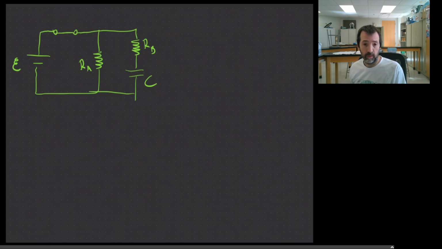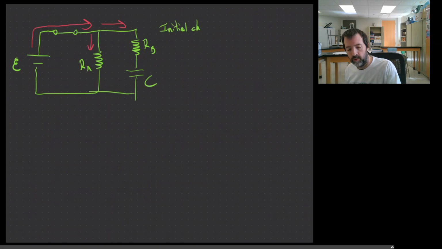current is now going to start to flow. Current comes out of the battery. Some of that current is going to split and go down this path. Some of it is going to go this way instead. In the initial charging state, the capacitor is empty.